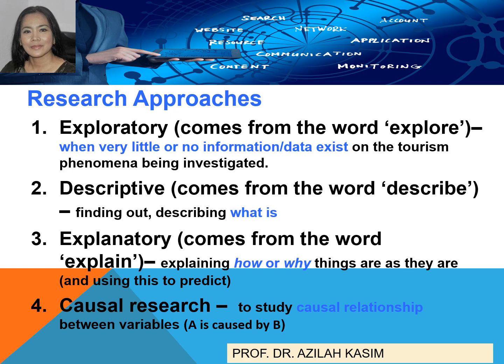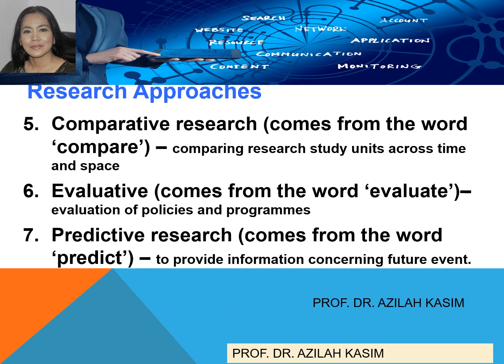When we do comparative research, this comes from the word compare. Of course, when we compare, we have to have two things that we look at and see how they are the same or different from one another. So we do a comparative study on, for example, two samples about something.